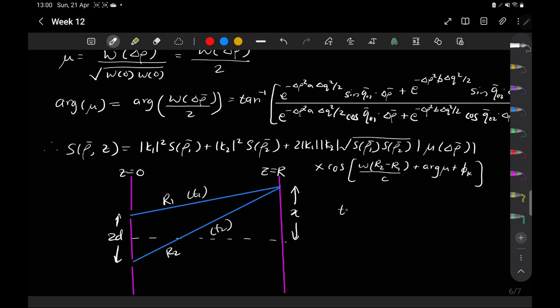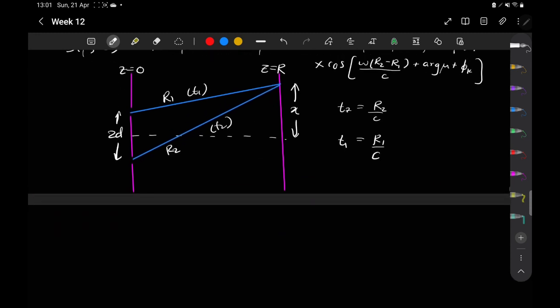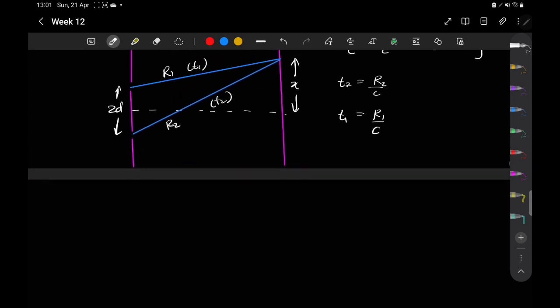So we have time taken is distance over speed. Speed is c. Also, let k1 equals k2 equals k, and let it be real. So if it is real, then phi k is 0.